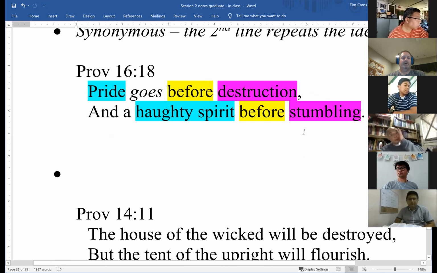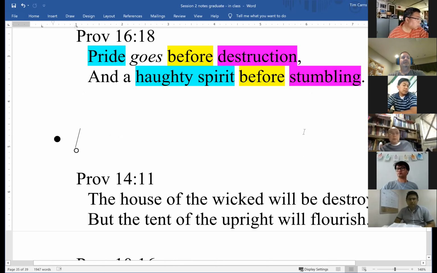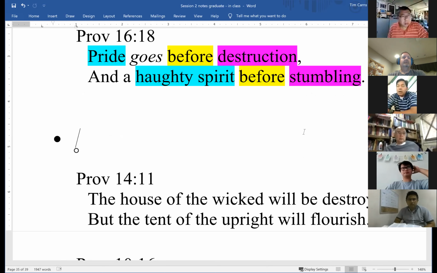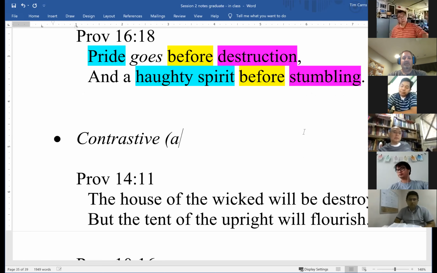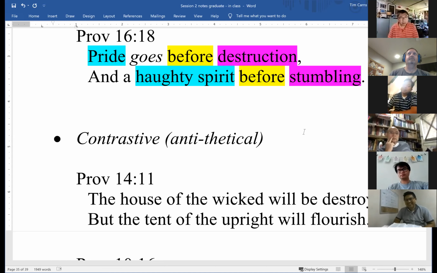The second most common, I heard this mentioned a moment ago, is developmental. Okay, that's the third one, we'll get to that one. Before developmental, contrastive. Now, some people, the really smart people, like to use this word, antithetical. But that's too many syllables for me. I like contrastive, all right? That makes more sense.